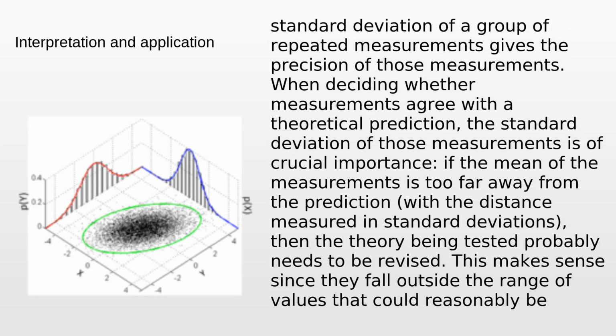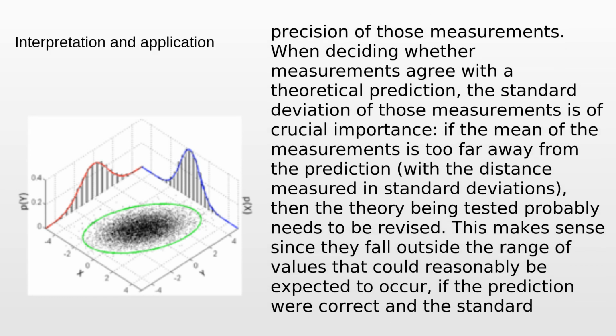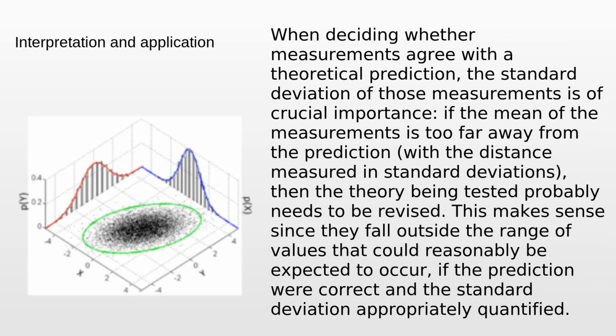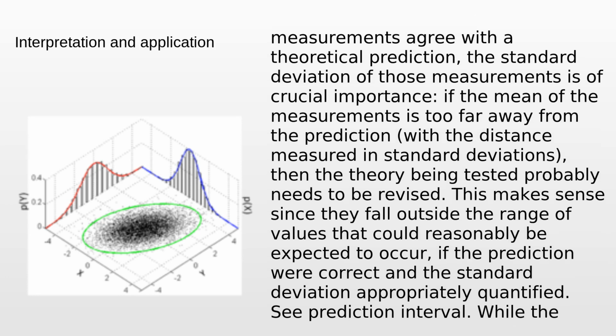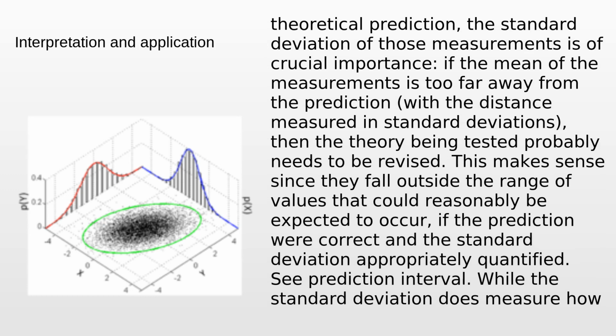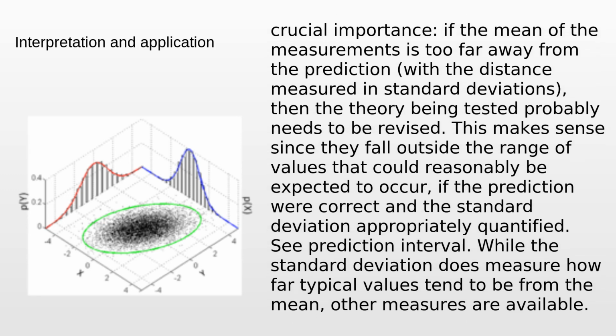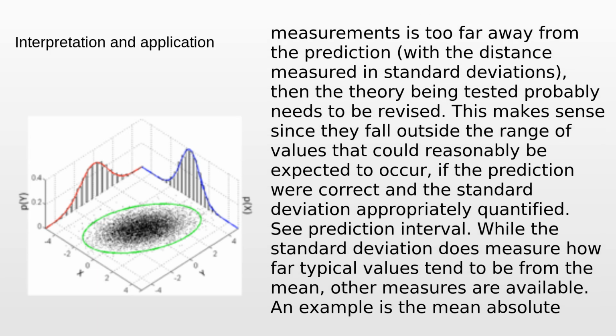Standard deviation may serve as a measure of uncertainty in physical science. For example, the reported standard deviation of a group of repeated measurements gives the precision of those measurements when deciding whether measurements agree with a theoretical prediction. The standard deviation of those measurements is of crucial importance.